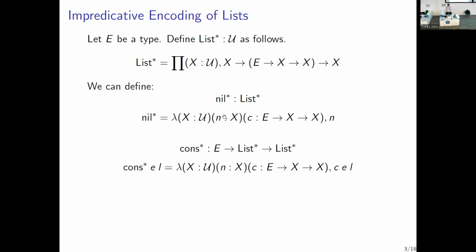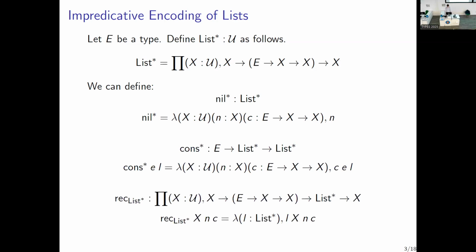We can make cons, because we also have the C, so we can make cons. And we can also construct a recursor using the fact that it is impredicative.